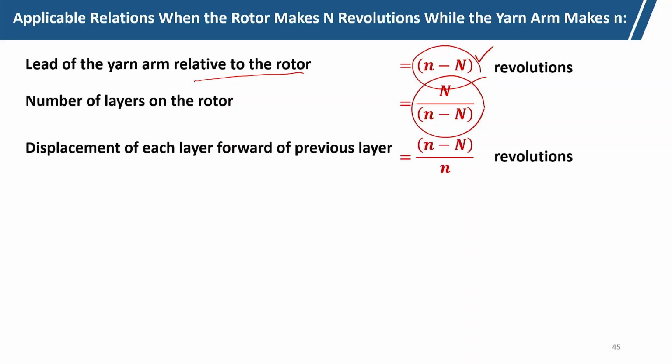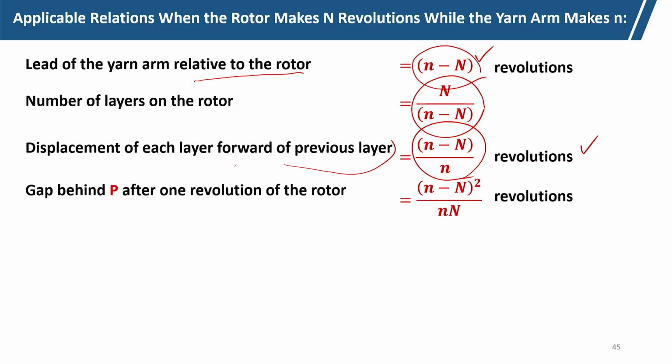The displacement of each layer forward of the previous layer is N minus n by small n revolution. The gap behind P after one revolution, we have seen.